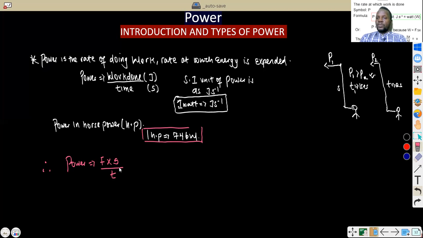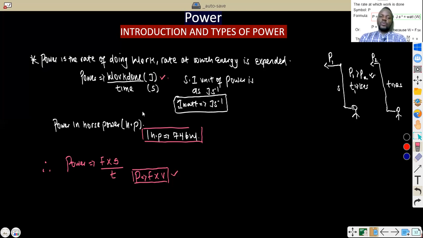Now, everybody knows that when we talk about distance or displacement over time, that is velocity. So velocity is displacement by time and speed is distance by time, which you have learned also in early classes. So we can also say the power formula can be in terms of force multiplied by velocity. Anyhow you have it, both formulas are very good to keep in mind for numerical purposes.